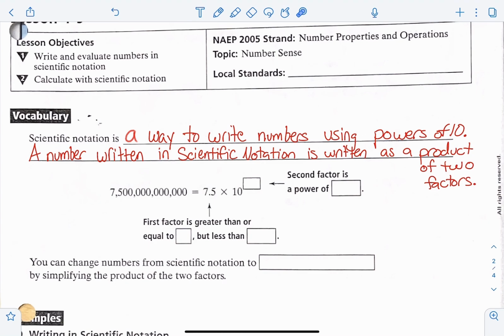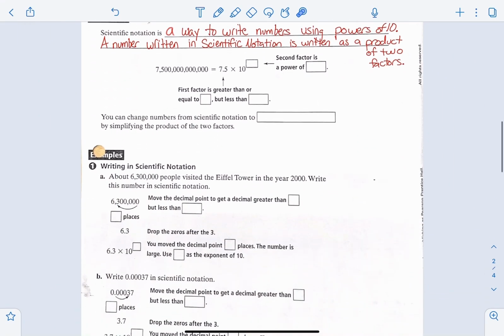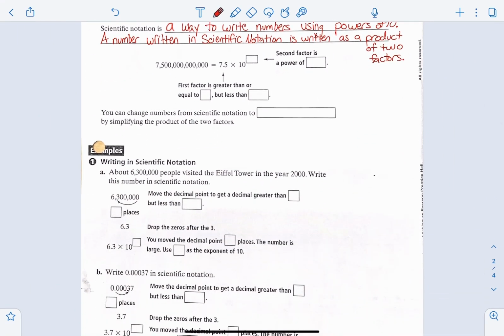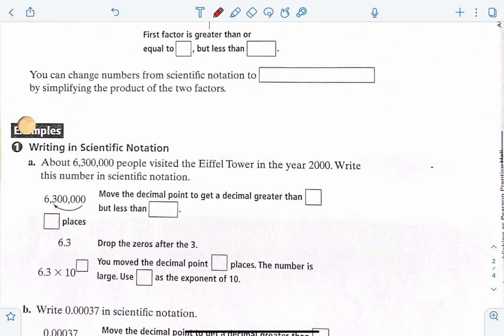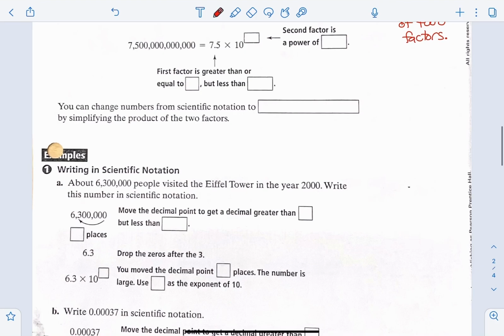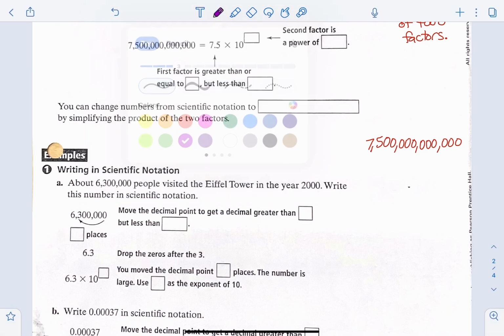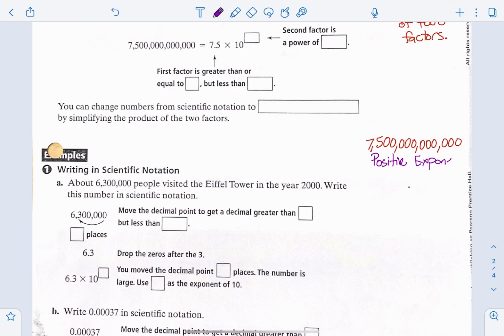Before we do that, off to the side, we're going to figure out when it's a positive or a negative exponent. So let's say, for example, 7, 5, 0, 0, 0, 0, 0, 0, 0, 0, 0 is going to have a positive exponent.